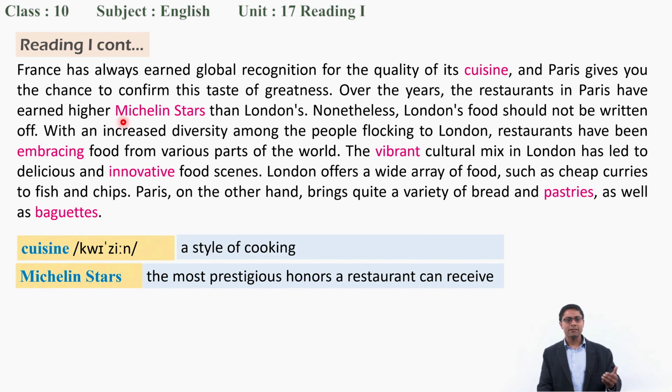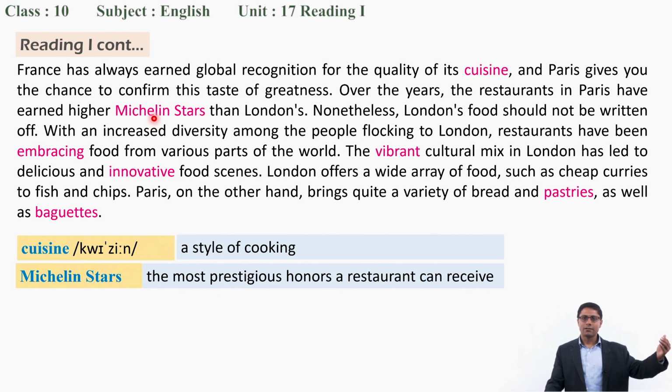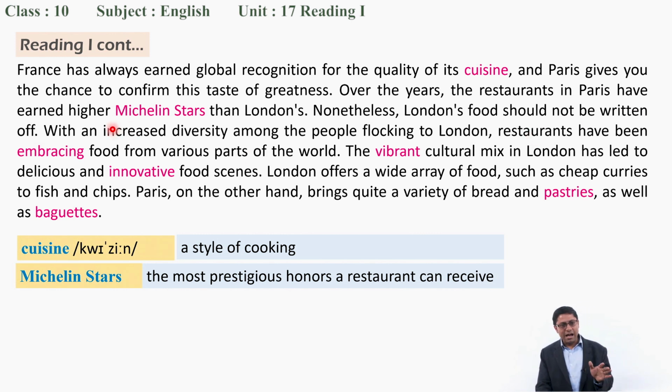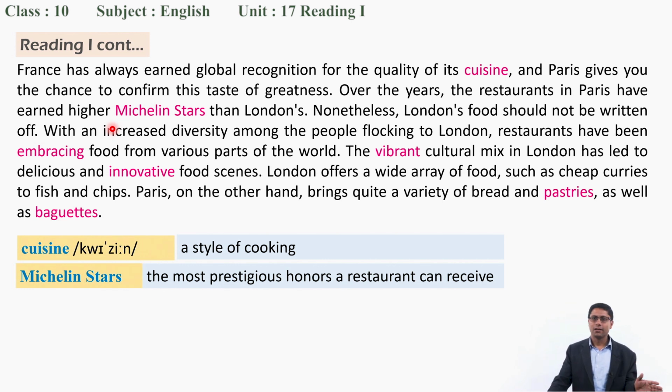So many restaurants in Paris have got this honor than the restaurants in London. Nonetheless, London's food should not be written off. It means we should not neglect, we should not deny the food in London too.